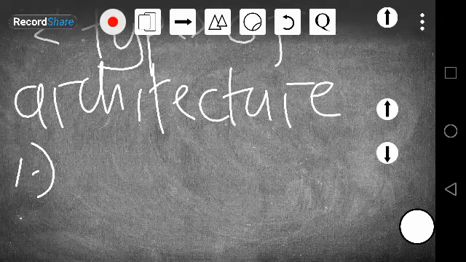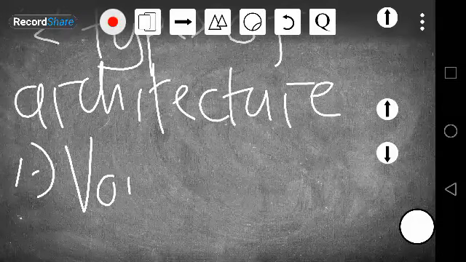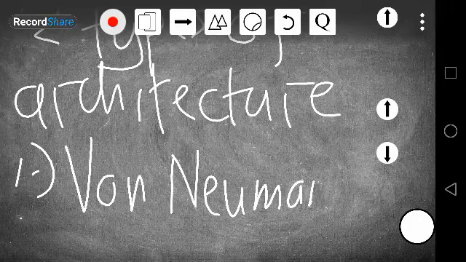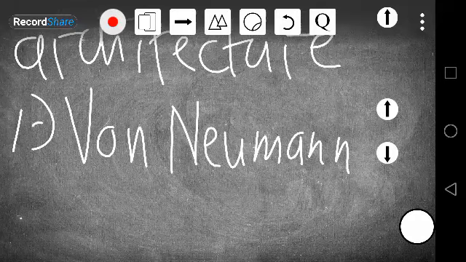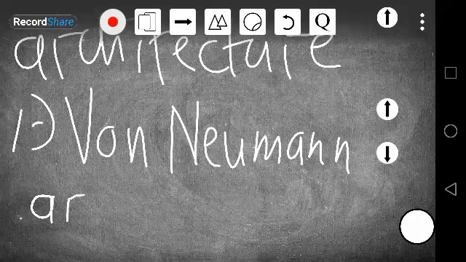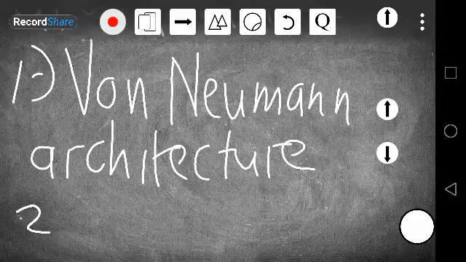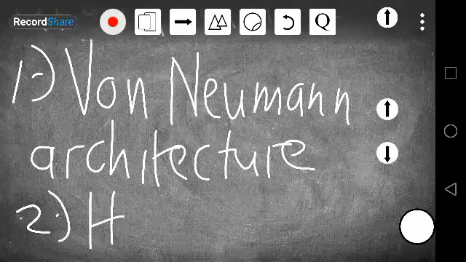And the two types are: number one, we have what is called the von Neumann architecture. Number two, we have what is known as Harvard architecture.